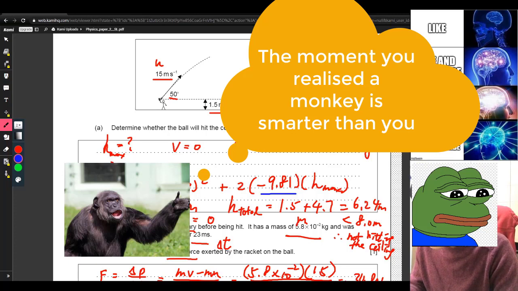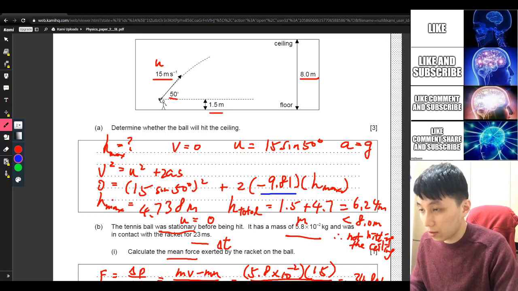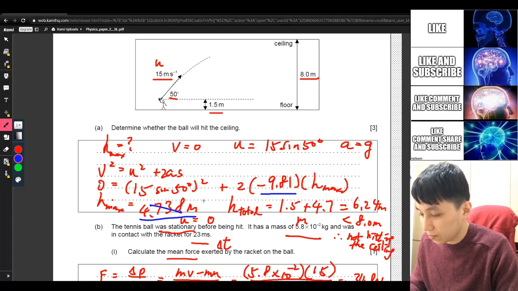Wait a second, did I press it wrong? That would be a huge mistake. Oh my god. Divide by 2. Oh no. I just pressed this wrong. I don't know why. I thought I did it right.